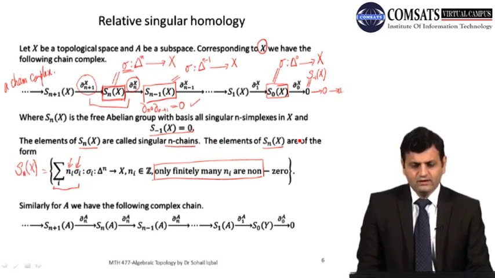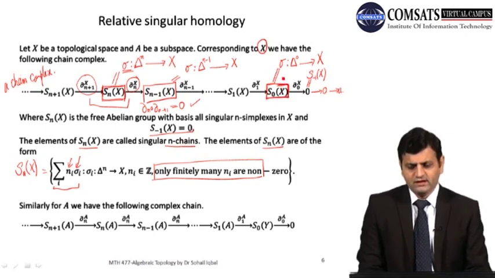And of course similarly we can do it for each and every free abelian group. In particular, if you concentrate on S naught of X, then we have seen that this is basically a free abelian group generated by all the points of X. Most of the time, when you take for example a metric space or a manifold, this group is going to be uncountable, generated by uncountably many points, because it is a continuum.